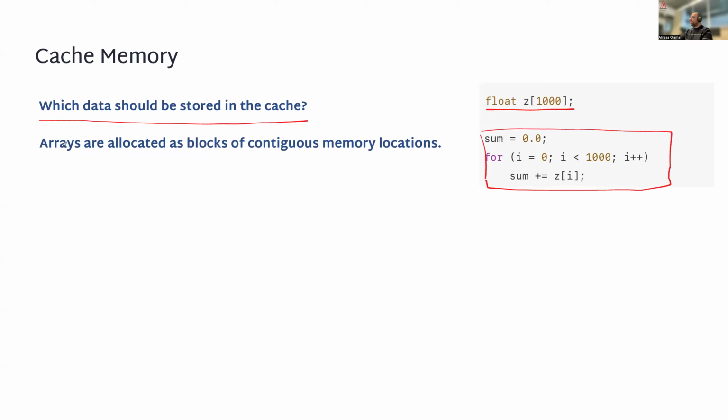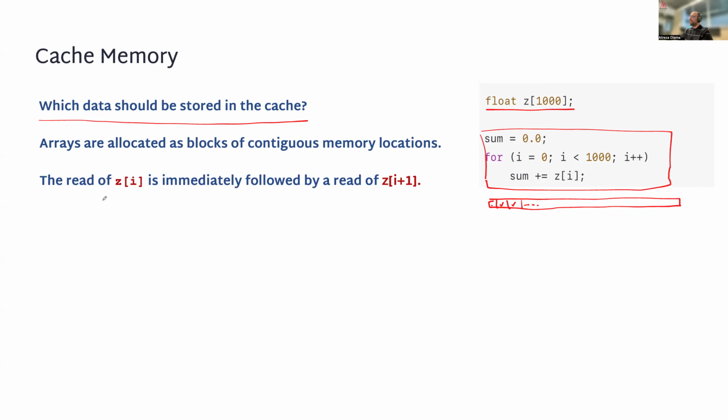We know that arrays are allocated as blocks of contiguous memory locations, right? So in this case, if I can draw the array, this is Z0, this is Z1, this is Z2, and so on, right? So they are one after the other.